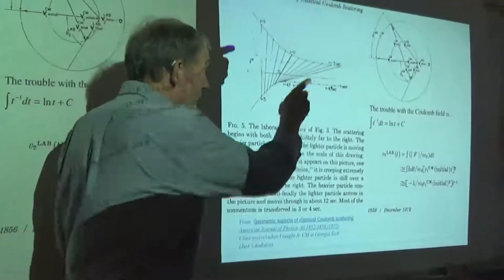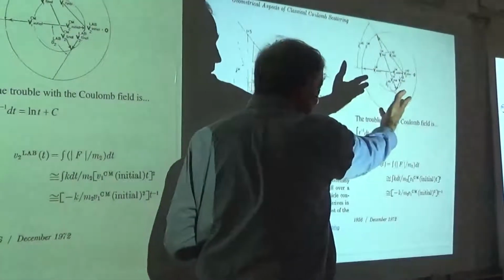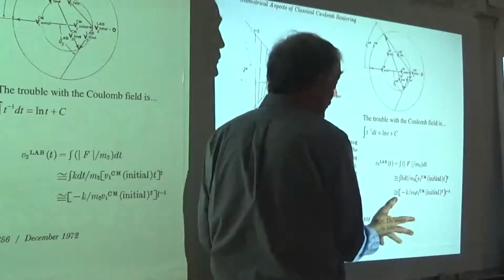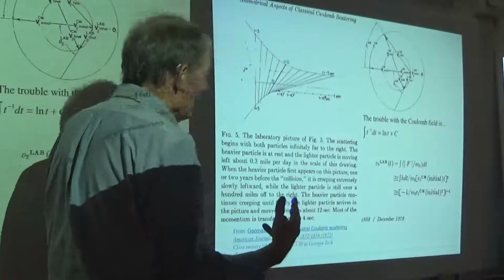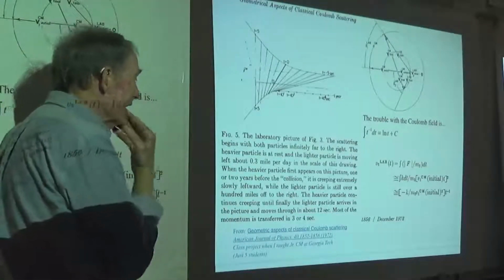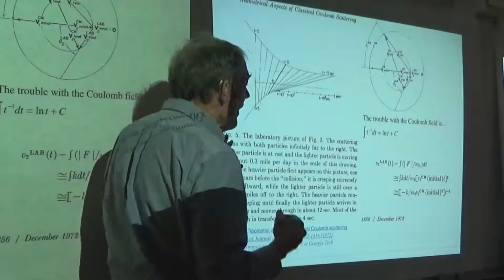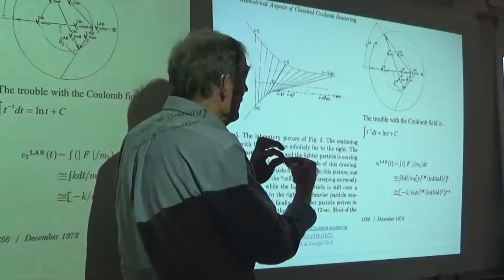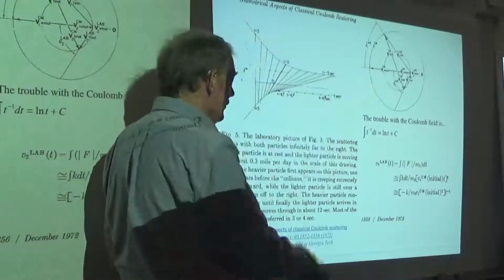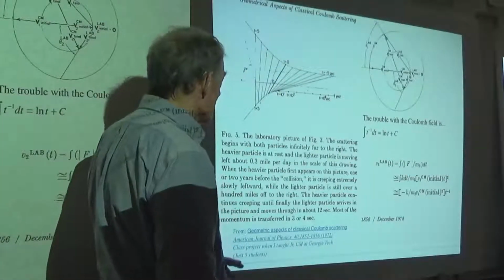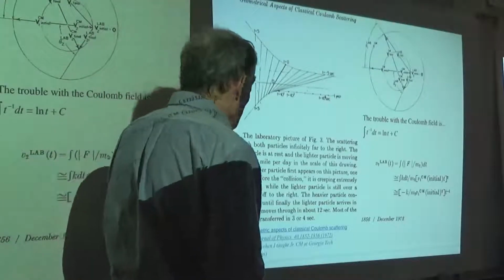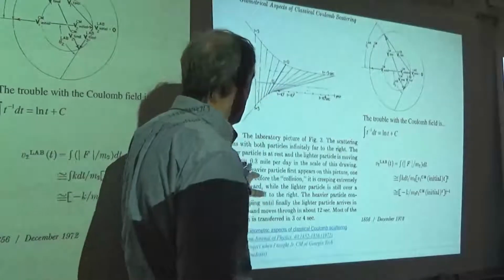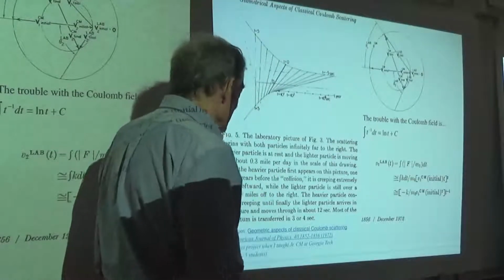This is a lab picture of this CM deal, but then the lab velocities are shown as though we really knew where they were exactly. Okay, this begins with both particles. Both these particles are going to repel each other, but I need to put them at infinity to start with. Okay, one of the particles is at rest. The lighter one is even further away, say about 3 miles away, okay?